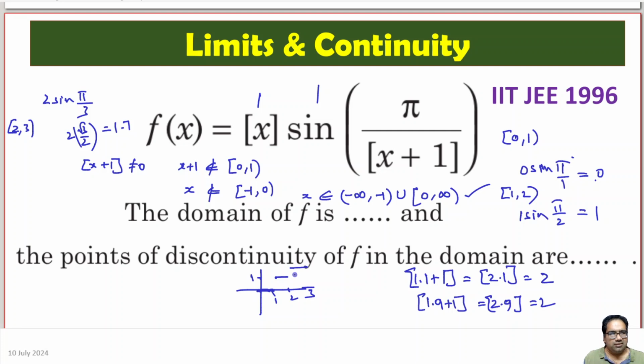So basically, this graph is like this. At 1 there is a break, at 2 there is a break, at 3 there is a break. The next line would be somewhere like this, and the next line somewhere like this. Likewise, between 0 and minus 1, this is not even defined. This graph basically breaks at every integer. Let us try to understand how it looks.